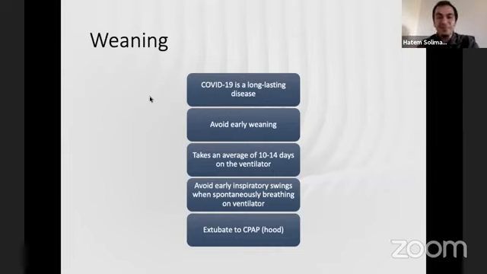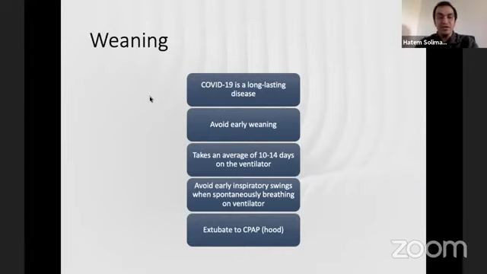But that doesn't prove useful in patients with COVID-19, especially in the beginning of the disease, because this can have damaging effects on the lungs. It is called a form of self-inflicted lung injury from the active breathing early on in the disease when the lung is not healed from the disease.